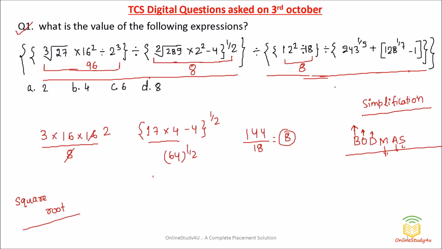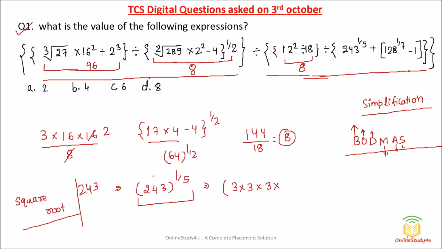Then we see friends, 243 to the power 1 by 5. This is a part of surds and indices. It is very clear that we need to bring 243 in the power of 5, so we can write 3 into 3 into 3. Basically I am going to factorize it.